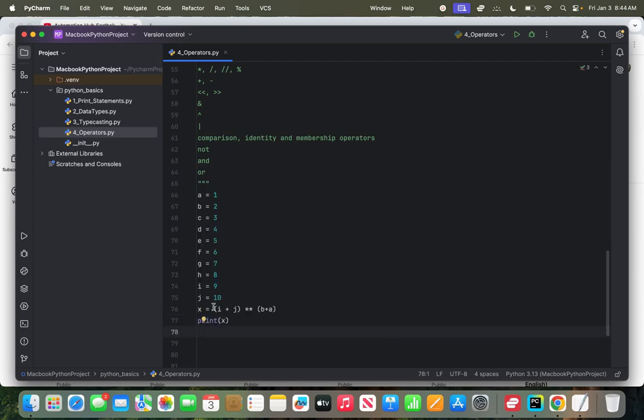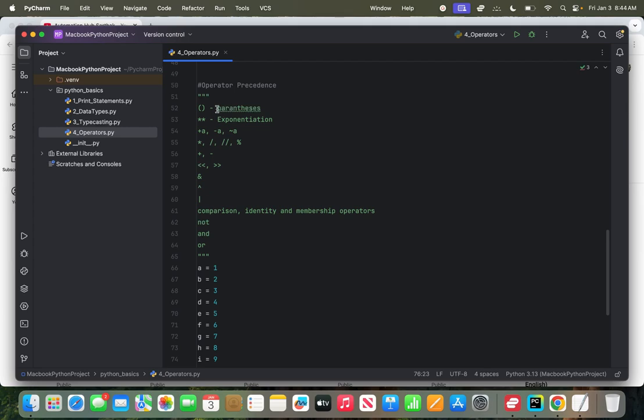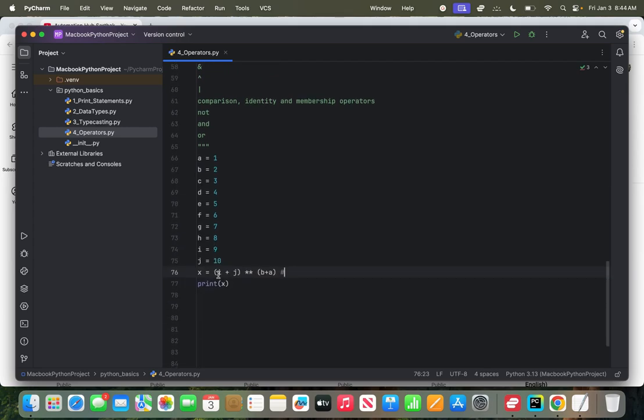Technically speaking, I plus J is what? 9 plus 10, 19. If you do it manually, parenthesis comes first as precedence, so I plus J is 19, exponentiation B plus A. B plus A is 2 plus 1, 3.